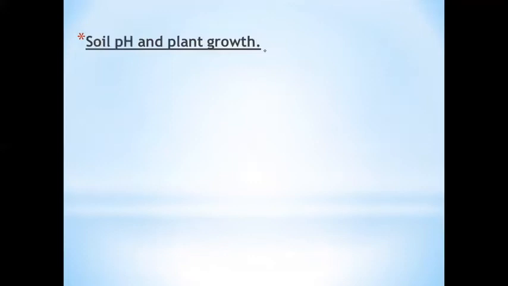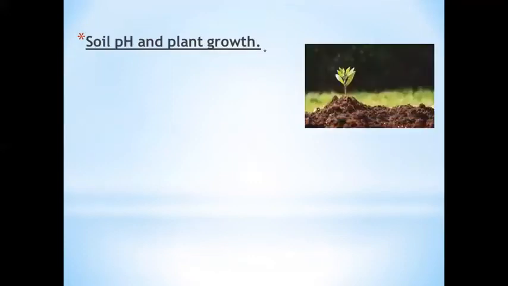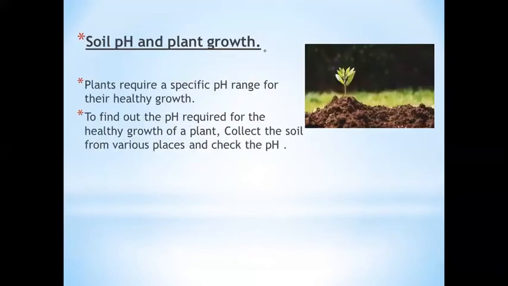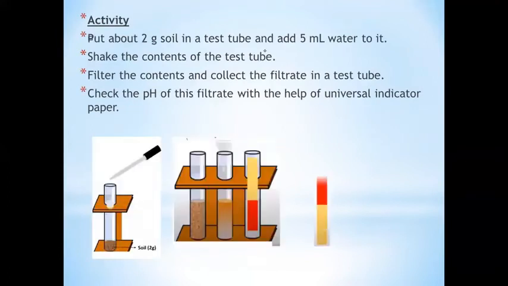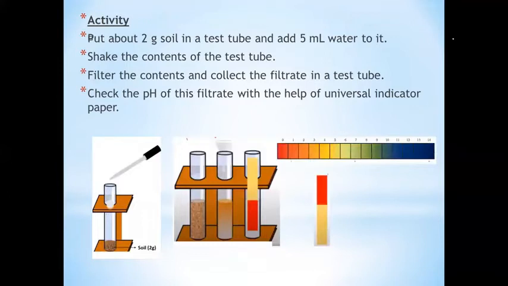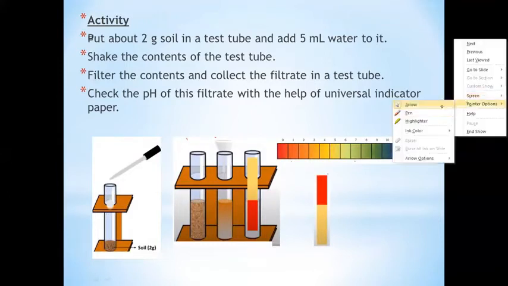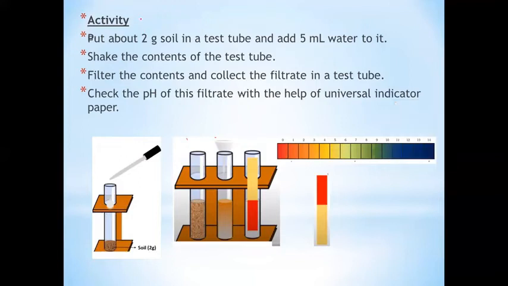Soil pH and plant growth. Plants have healthy growth only when the soil has specific pH range. To check the pH of the soil, there is an activity, that is activity 2.12 of NCERT. For this, step number 1, put 2 grams of soil in a test tube and add 5 ml of water.